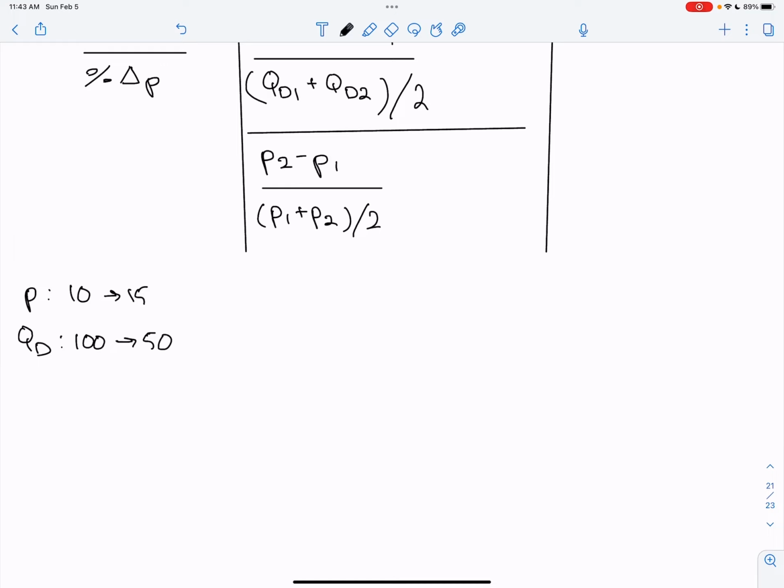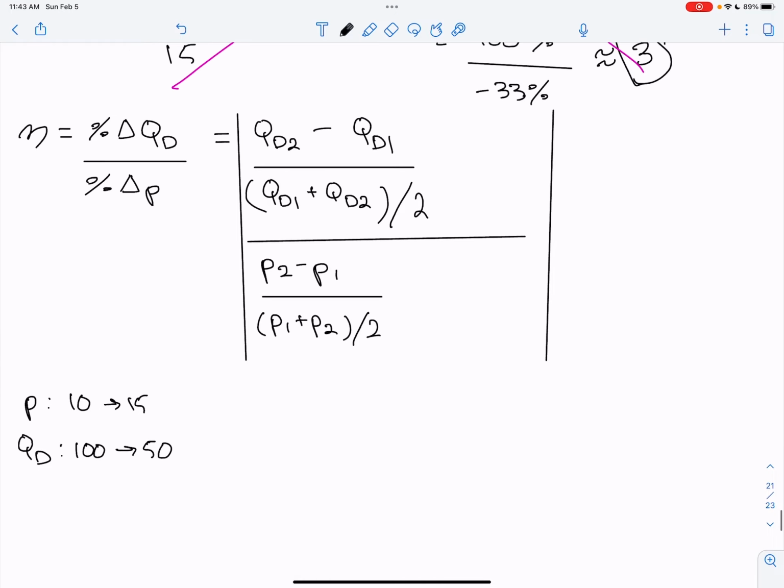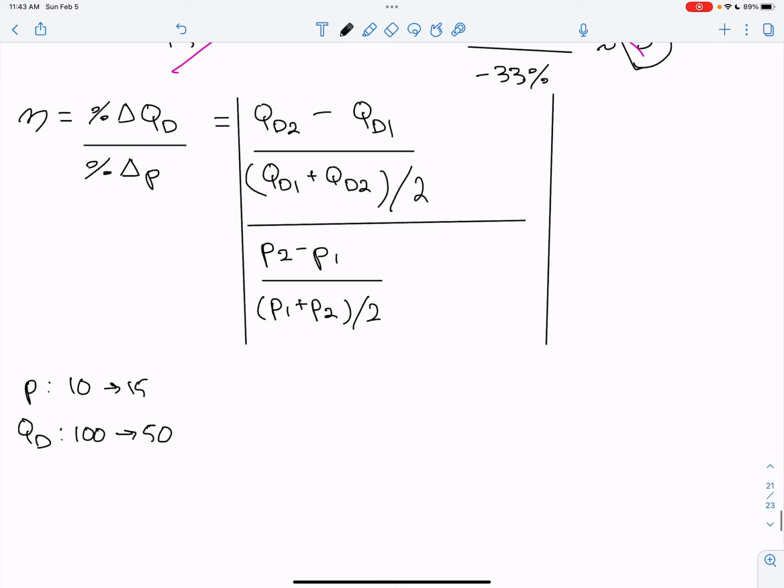Okay, first of all, let's just calculate these averages to begin with. What's the average of 10 and 15? So 10 plus 15 divided by 2. This is just 25 divided by 2, so that's 12.5. And 100 plus 50 divided by 2. This is 150 divided by 2. So that's 75.